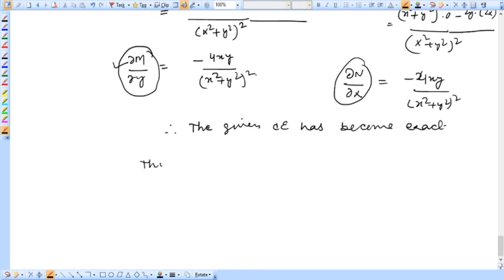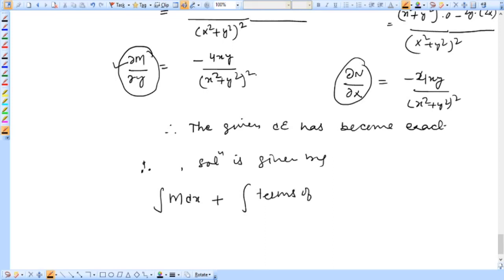Therefore the solution is given by integration of M dx plus integration of terms of N not containing x dy, equal to the constant of integration.